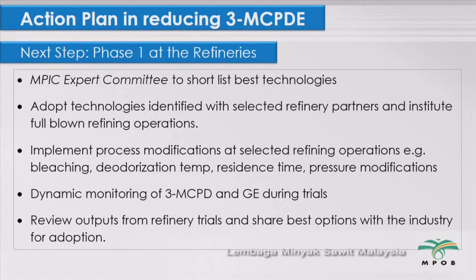Phase 1 is also at the refineries. MPIC, together with MPOB and Pemandu, have formed an expert team to identify a possible and feasible technology to be adopted by the industry in the short term, medium term, and long term.